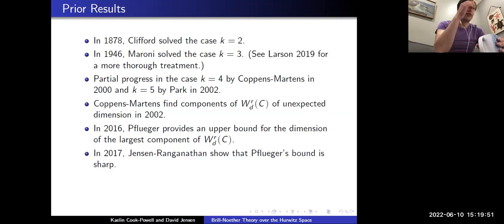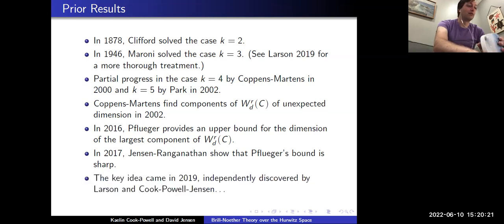And the next year in a paper with Dhruv Ranganathan, we showed that Pflueger's bound is sharp, so that the largest component of W^r_d actually has the dimension that Pflueger predicted. But as we've seen, the W^r_d can have multiple different components in these cases. So this doesn't really completely solve the dimension problem.